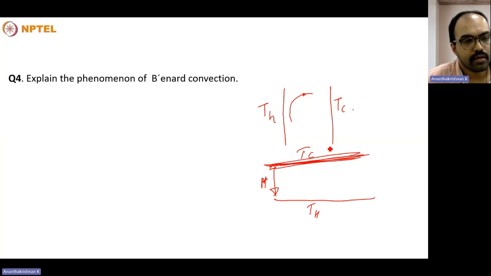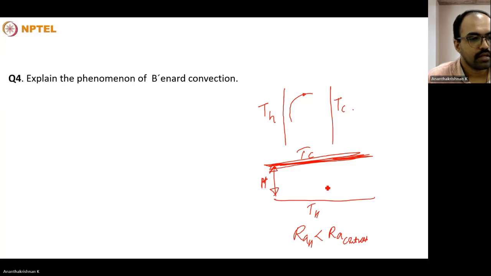There is a finite critical value of the Rayleigh number, calculated with respect to the gap between the two walls, above which the natural convection sets in. So when the Rayleigh number is less than the critical value of the Rayleigh number, the Nusselt number is of the order of 1.